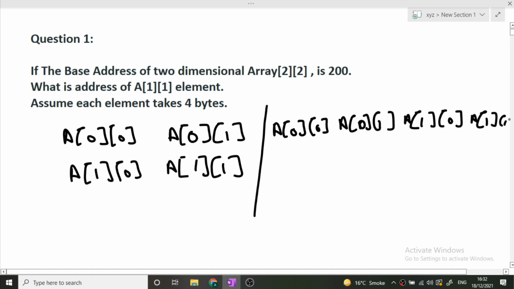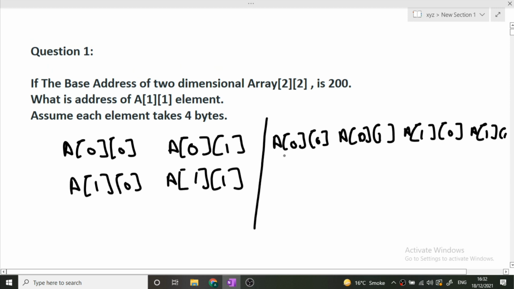So it means that in the computer's memory all the elements are stored in a single line, and now the base address is given to us. The base address is the address of the first element. We are given 200, and we have been told that each element takes 4 bytes of memory.